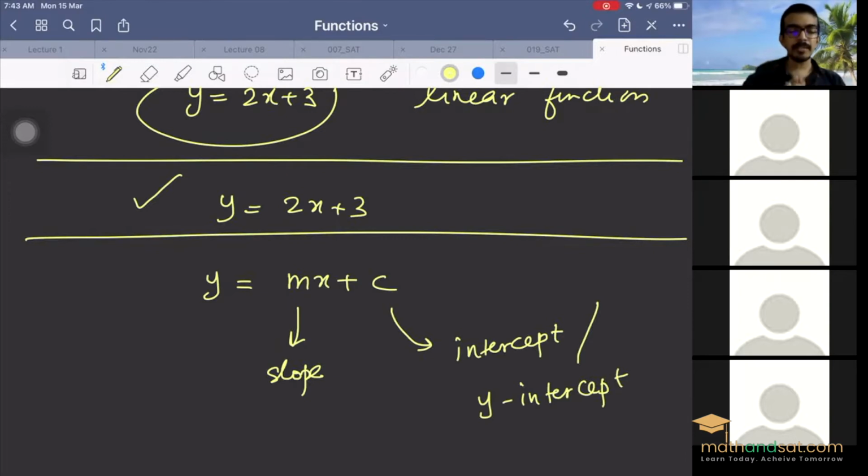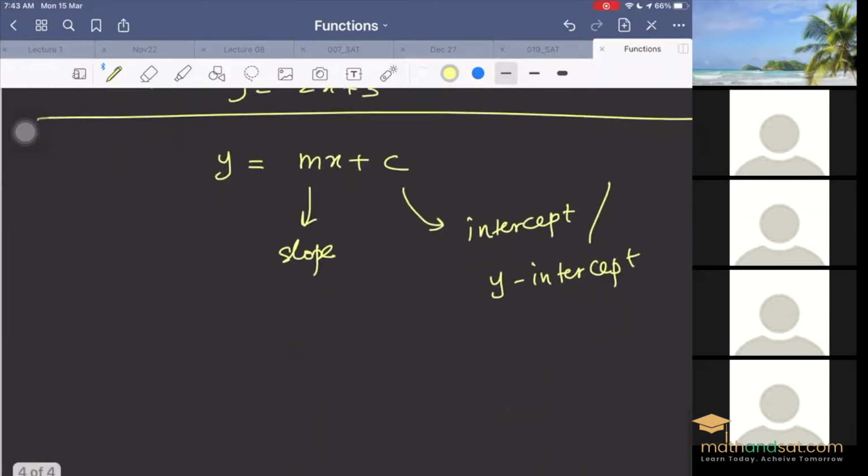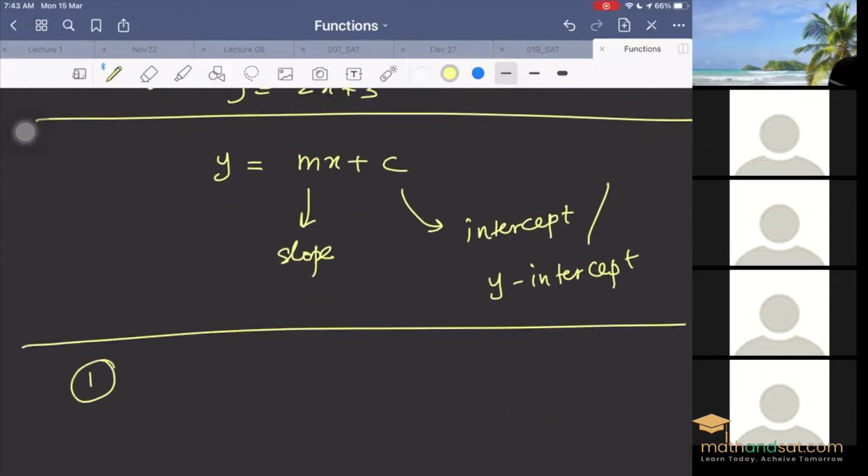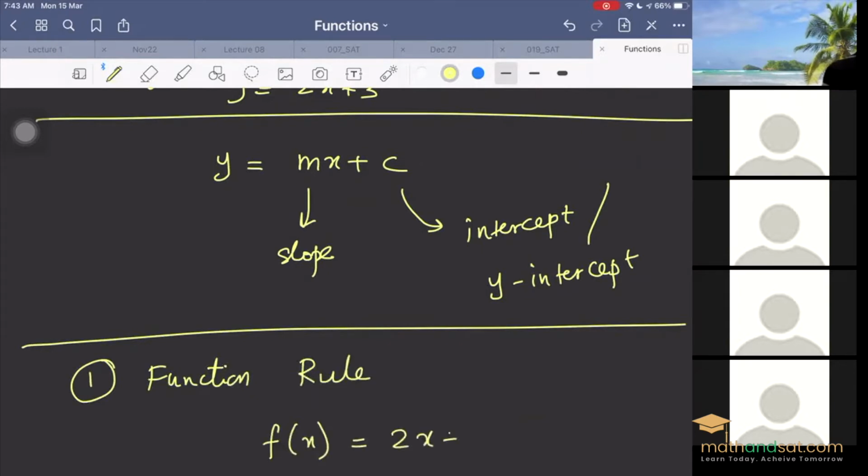So my question is very simple. When you're given a function rule, say for example, f of x is equal to 2x plus 3, how do we know that it's a linear function? You just check the expression here.